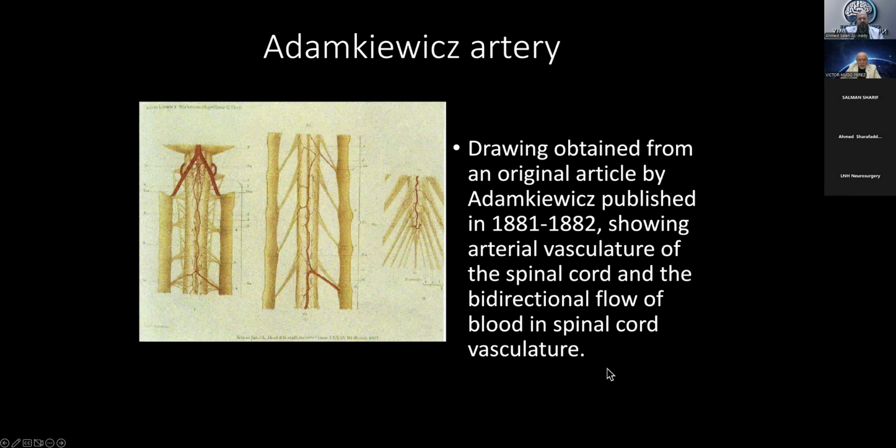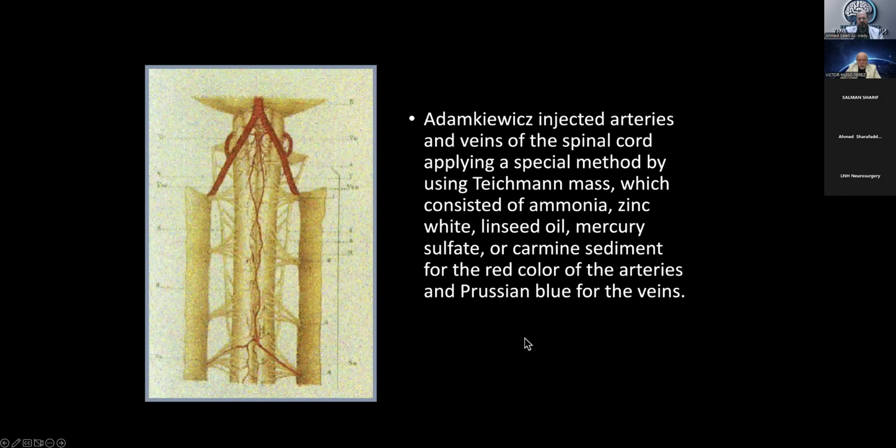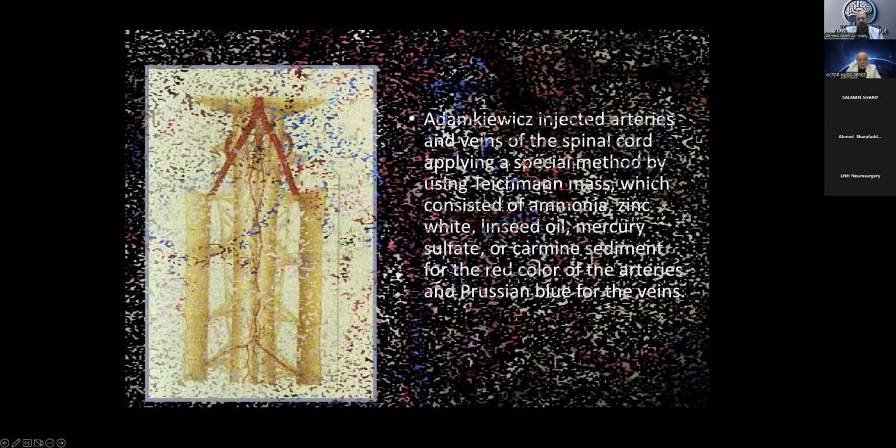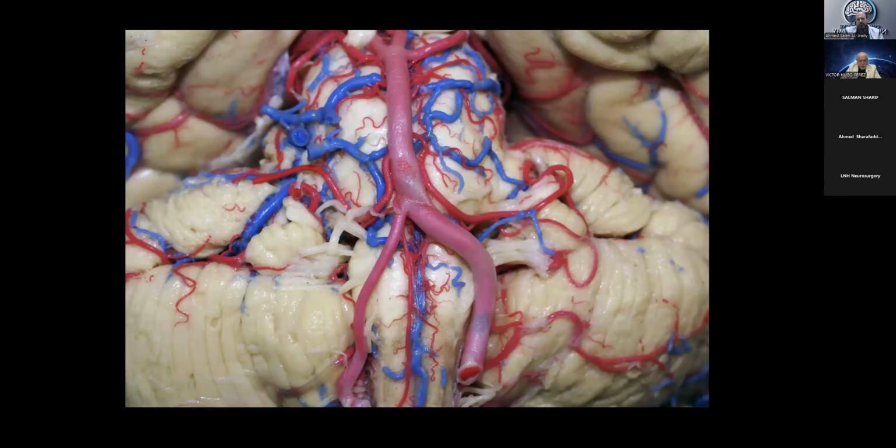And this is Adamkiewicz injecting arteries and veins with a special method using Teichmann mass. But now it's easier to do that, and of course, in many countries this kind of work has been done, especially in the United States and Europe, also in Asia, I think now in all the continents.